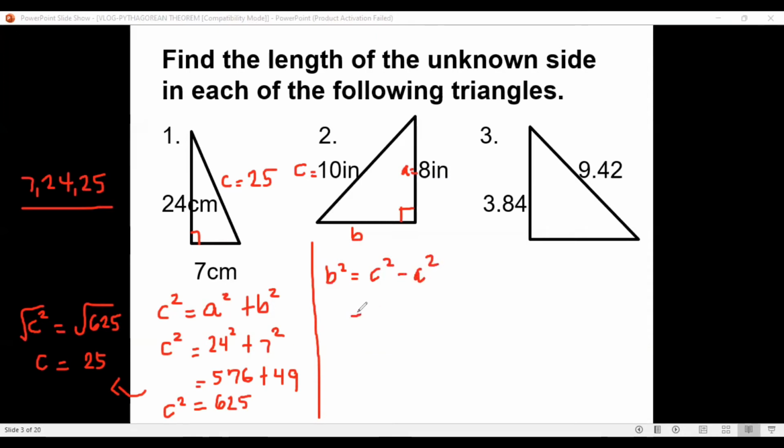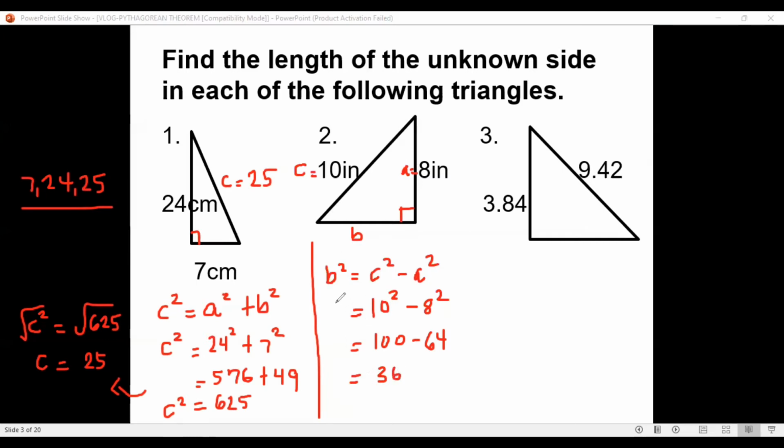Okay, so here we continue. Your c is 10, so we simply have to square that. So 10 raised to the second power minus 8 raised to the second power. 10 times 10 is equal to 100, and 8 squared is 64. So we subtract 100 minus 64, and the answer is 36.